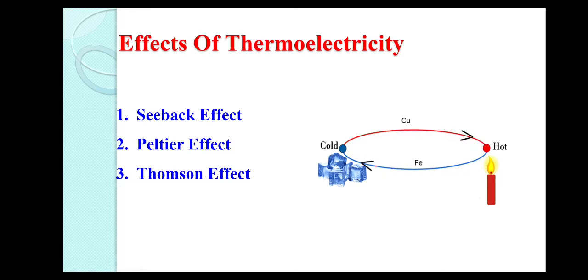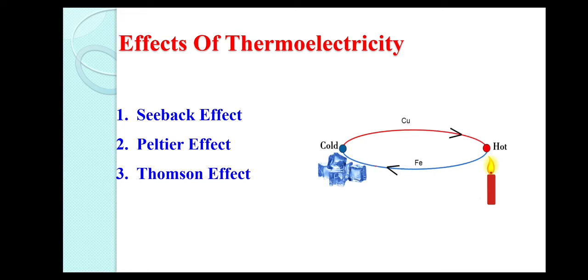The next effect is the Peltier effect. The Peltier effect is when a loop is formed by two different metals, and if current is forced to flow externally through the circuit, one junction is heated and the other junction is cooled. That is the Peltier effect.